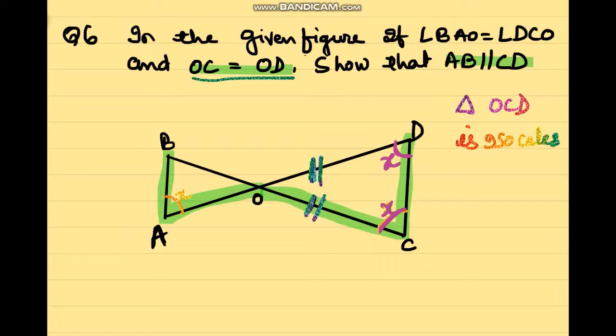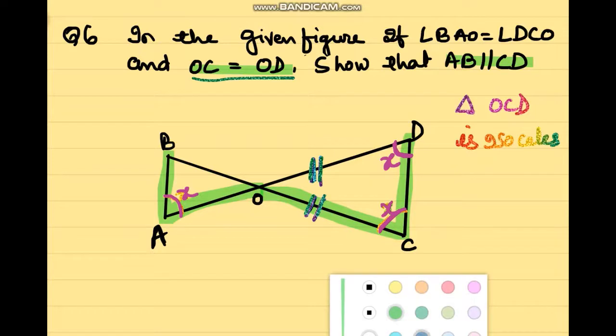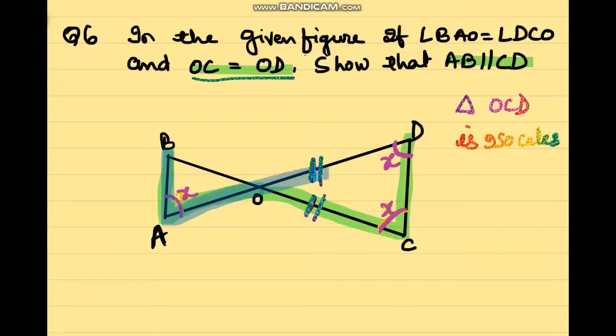From here, if you properly observe, you'll see that angle A is x and angle D is x. And look at this situation: angle BAO is equal to angle ODC. This is forming your Z.